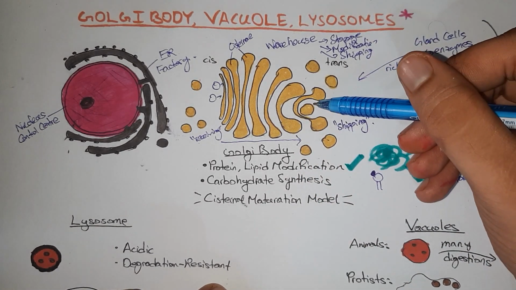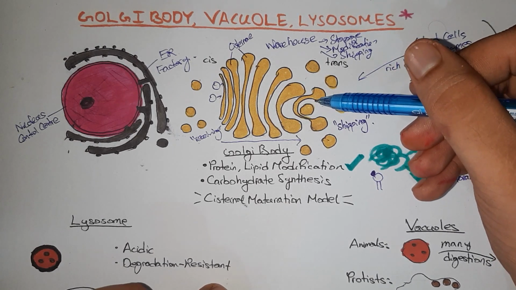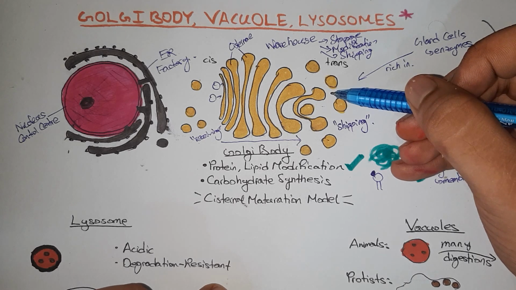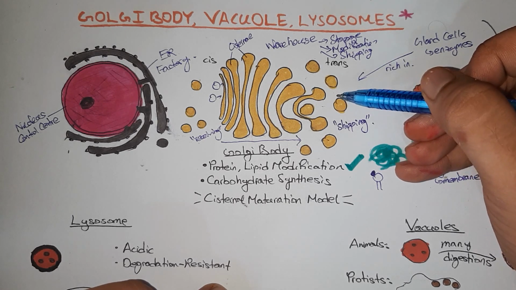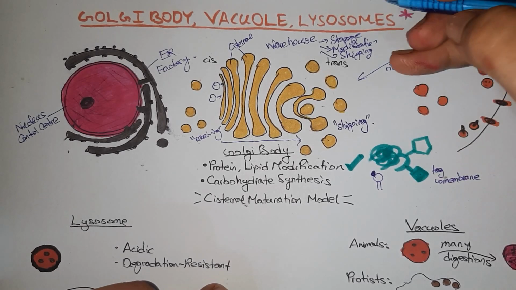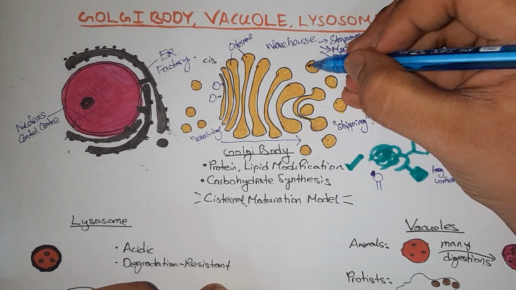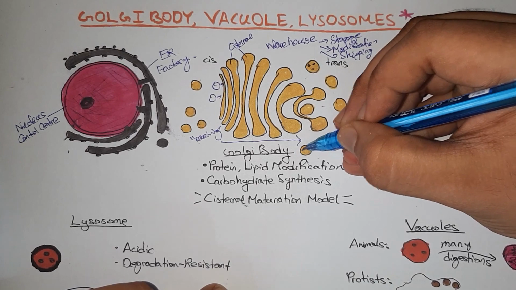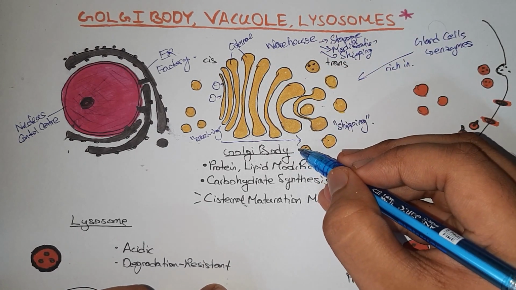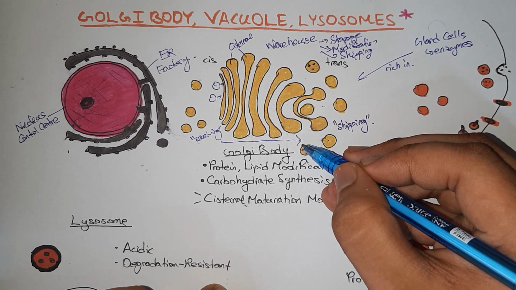Once a cisterna has matured and gone to the trans face, it will bud off to form a vesicle. The vesicle has multiple functions. The first function is that it must contain the enzymes that were used in the Golgi body, and these enzymes must remain in the Golgi body.